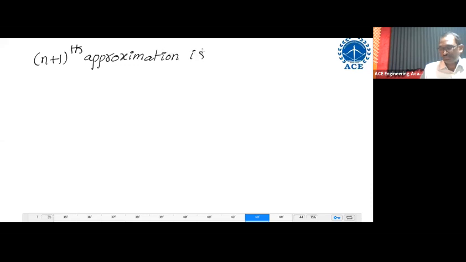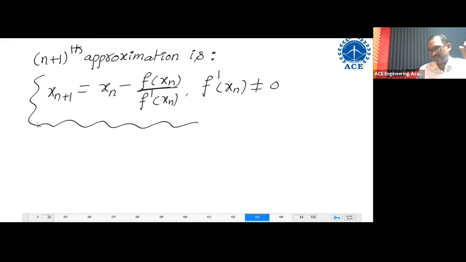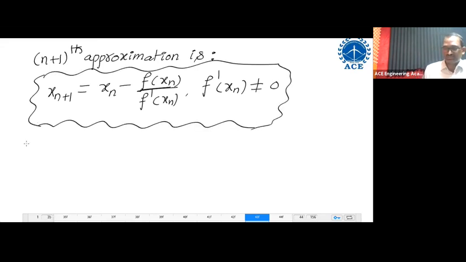N plus 1th approximation is xn plus 1 is equal to xn minus f of xn by f dash of xn, where f dash of xn is not equal to 0.